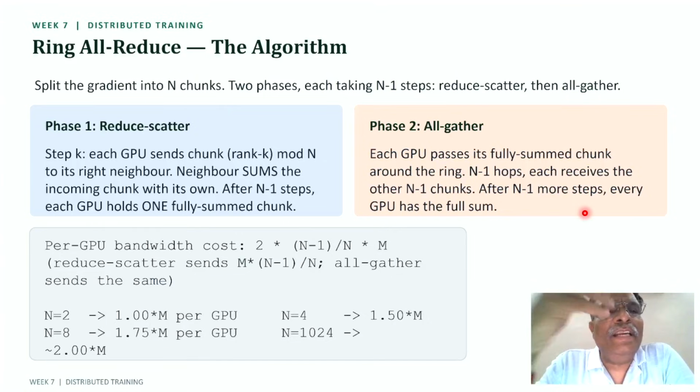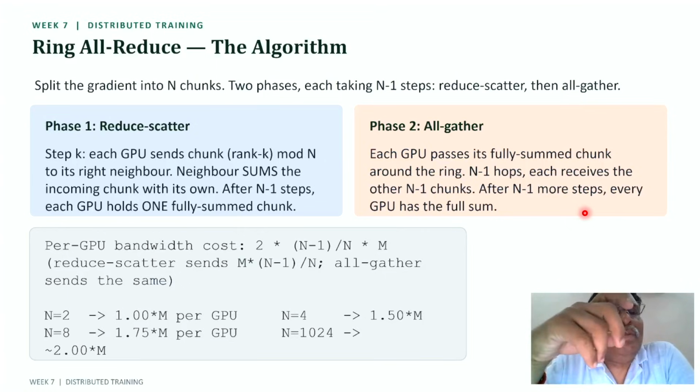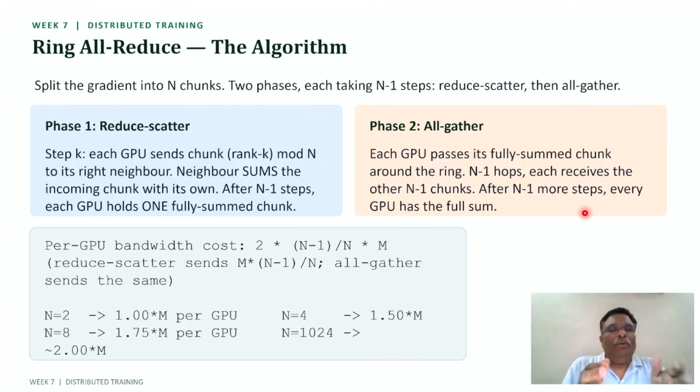So at step k, the chunk of rank k mod n is sent to the right neighbor. One GPU will have its right neighbor and left neighbor, so it will receive the information from the left, do the summation, and send it to the right. The neighbor sums the incoming chunk with its own, and so on. After n minus 1 steps, each GPU holds one fully summed chunk.